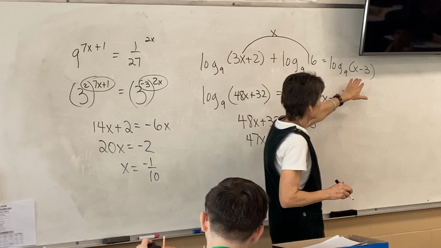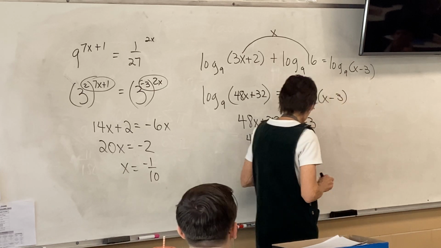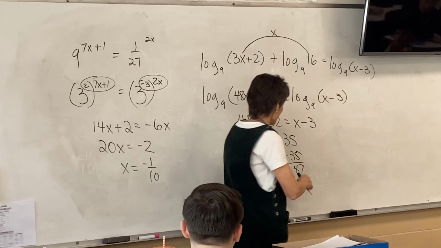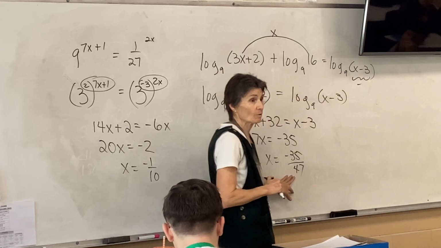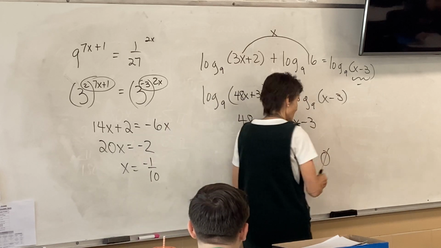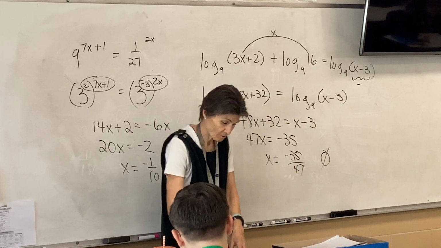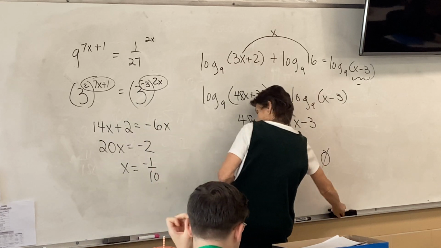So this right here tells me whatever x I get has to be bigger than 3. Is that bigger than 3? No. If I stick that in here, won't this be a negative number? Can I take the logarithm of a negative number? Never. So how many answers does this problem have? None, not one. The only root turns out to be extraneous.